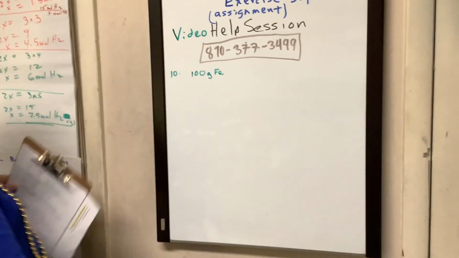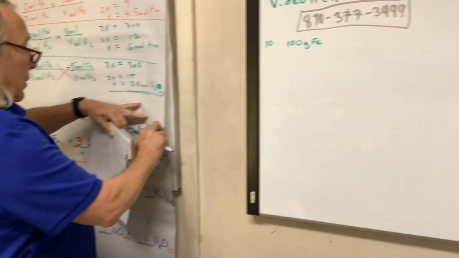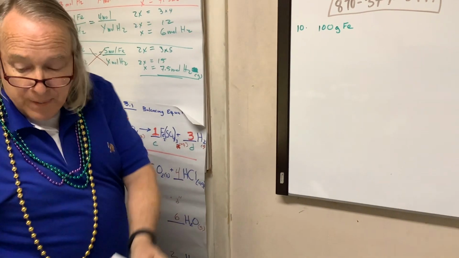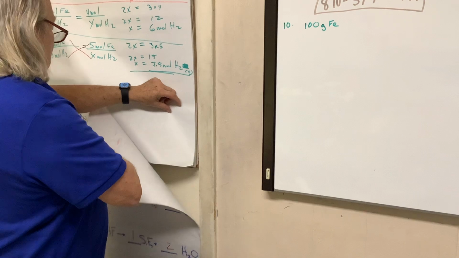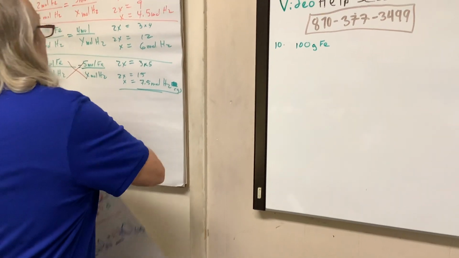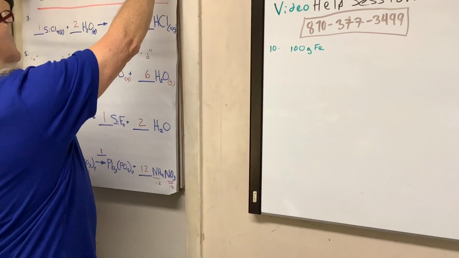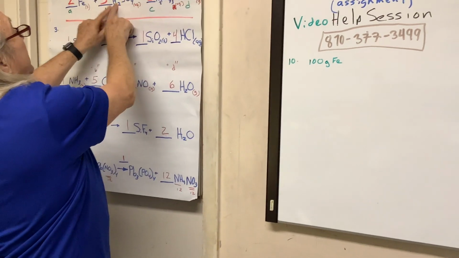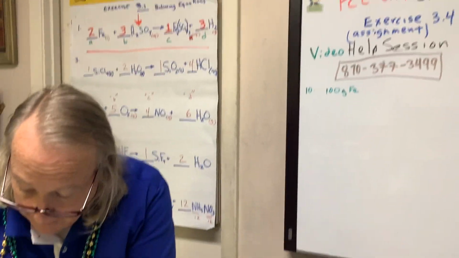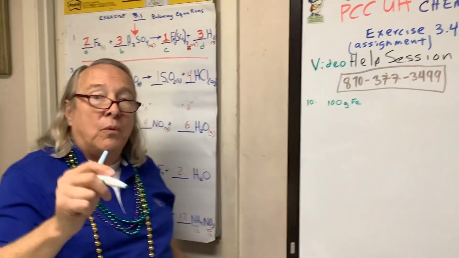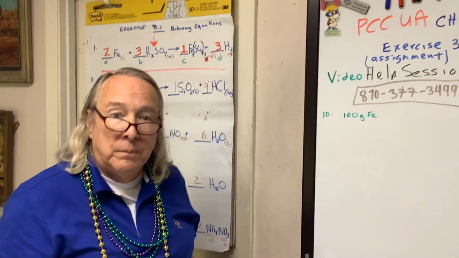So, according to our balanced equation here, where I react elemental iron with sulfuric acid to produce hydrogen gas, always go through the mole.